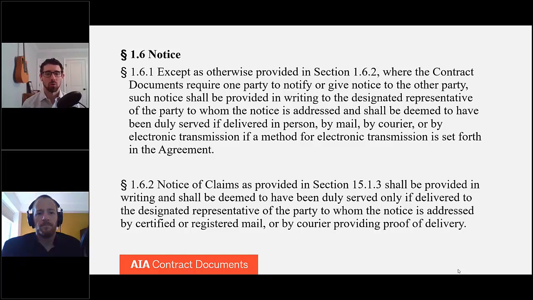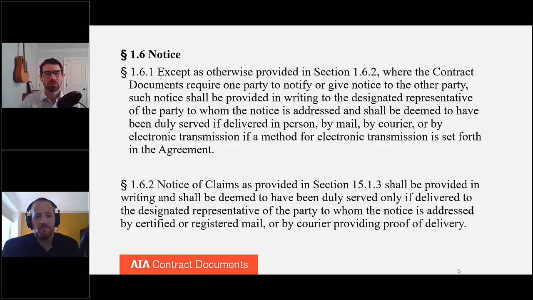And if the project owner provides financial information to the contractor, then the owner is precluded from changing its financial arrangement without giving notice to the contractor. So that would be an example of some type of regular notice that would fall within the context of 1.6.1.